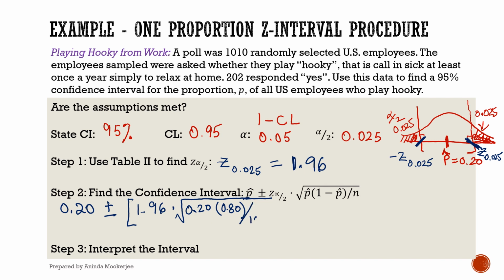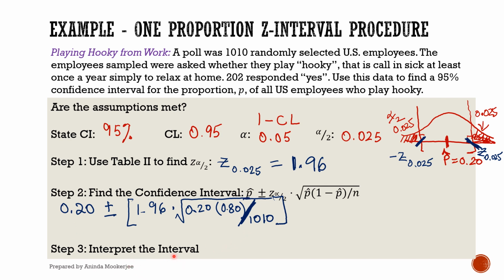It's division, it's not multiplication, so keep that in mind, don't make that mistake. This whole expression, 1.96 times the square root of 0.2 times 0.8 divided by 1010, represents the margin of error, the error that we are adding and subtracting to the point estimate value of 0.2.